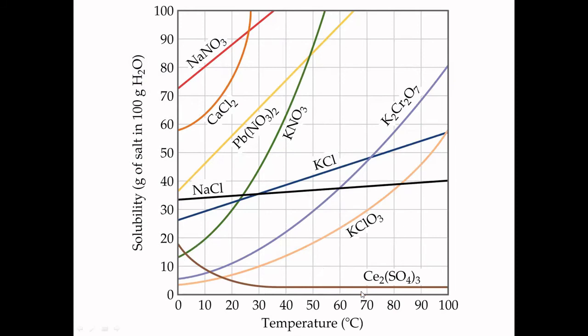So the only substance here is this one, the one that I placed in the previous slide. Okay, its solubility decreases. So there's a decay here in the solubility. It goes down as we increase temperature. But the rest all exhibit an increase in solubility as temperature increases.